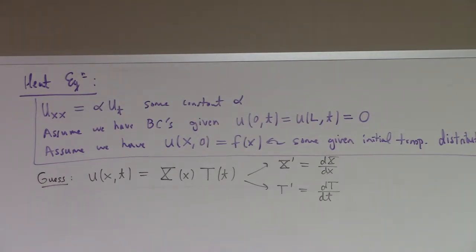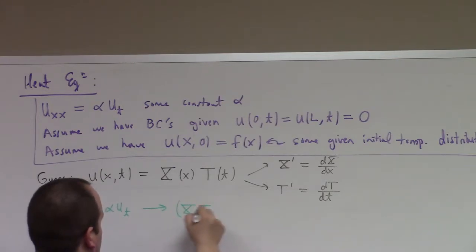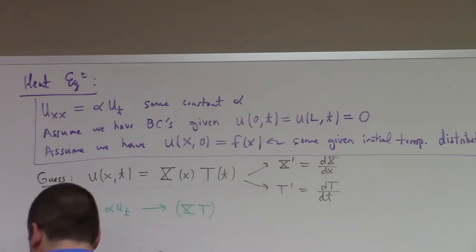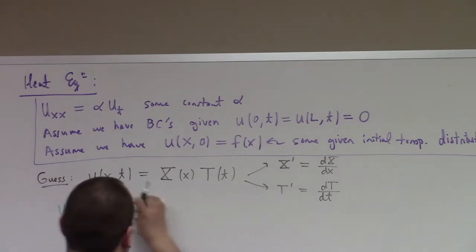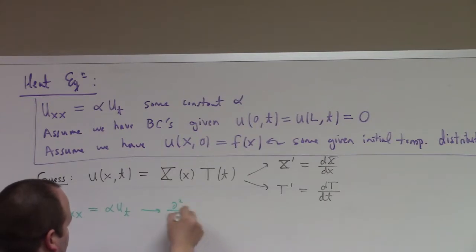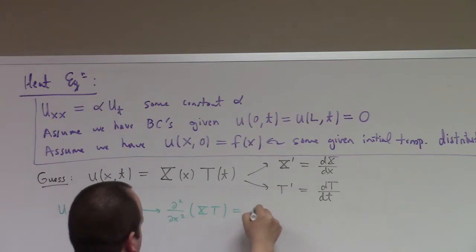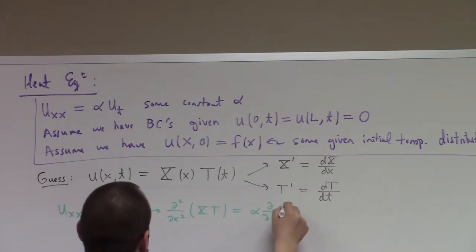So if I have such a product solution, if I go back to the heat equation, then u_xx equals alpha u_t translates into the partial squared, partial x squared, of XT equals alpha partial t of XT, right?